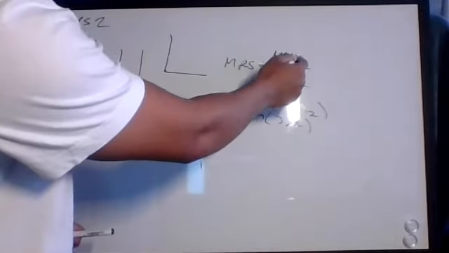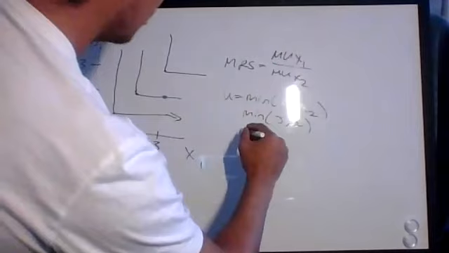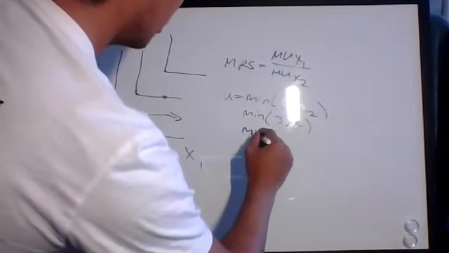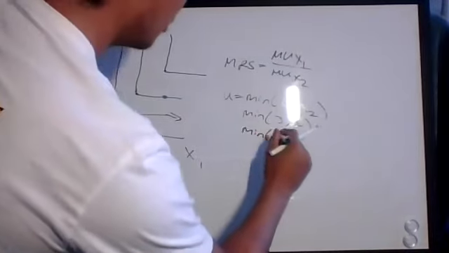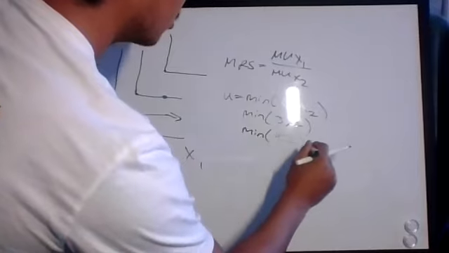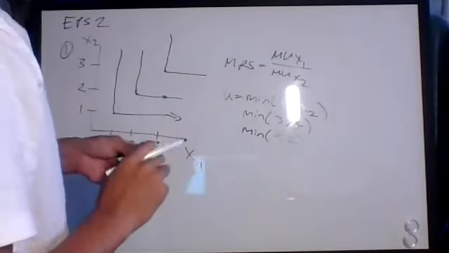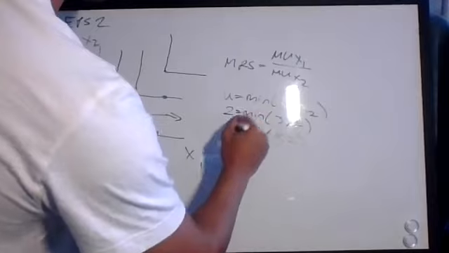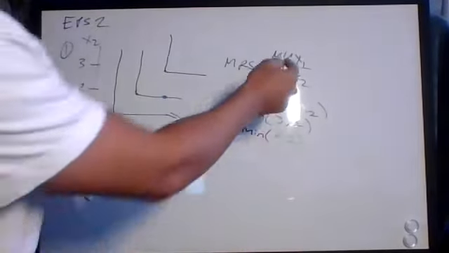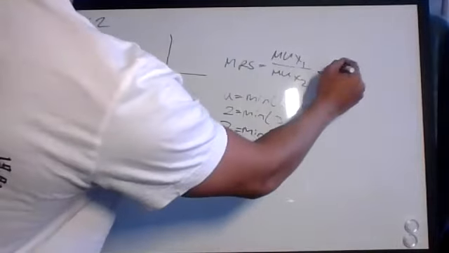One more unit of good 1 would put us at the min of 4, 2. You notice that in both cases, the utility stays the same, which tells us that the marginal utility is just going to be equal to 0.